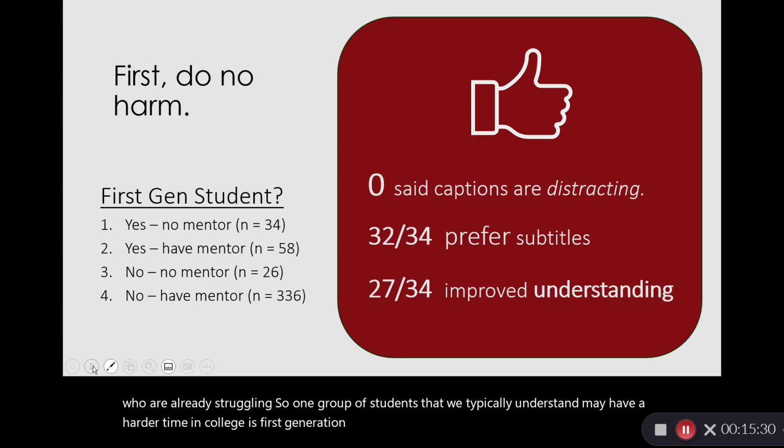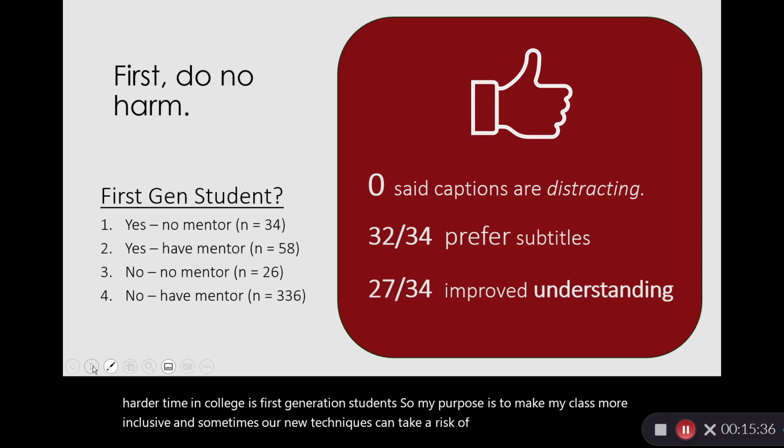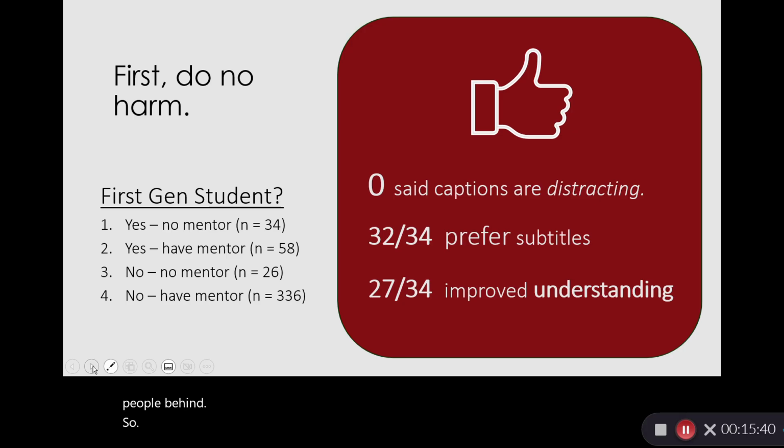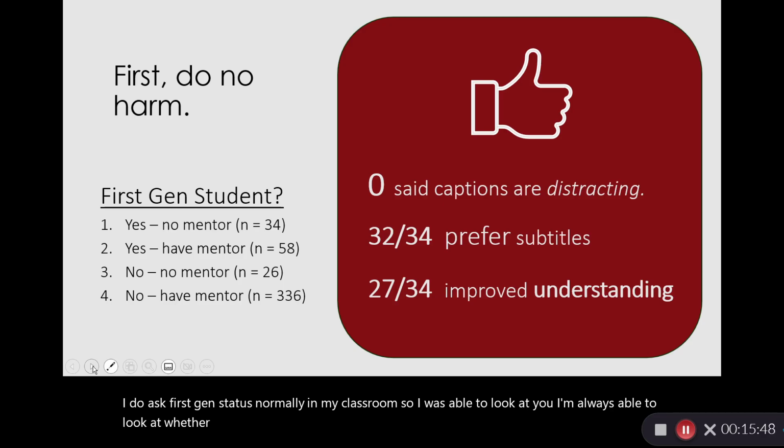My purpose is to make my class more inclusive, and sometimes our new techniques can take a risk of leaving those people behind. I do ask first gen status normally in my classroom, so I'm always able to look at whether they have differences in grades, etc. These 2 semesters, there was no difference with the first gen students.